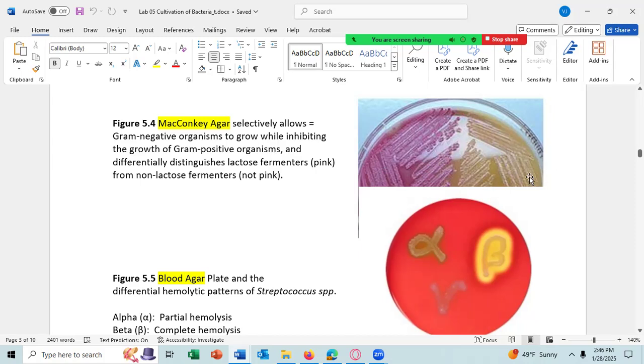And if the organism cannot ferment the sugar lactose, it'll be its normal color, which in this case would be white or off-white. Now, because it's growing on McConkey's, it is not fermenting the sugar lactose here, but remember it's probably gram negative because it is growing on the plate. So McConkey's is both selective and differential.